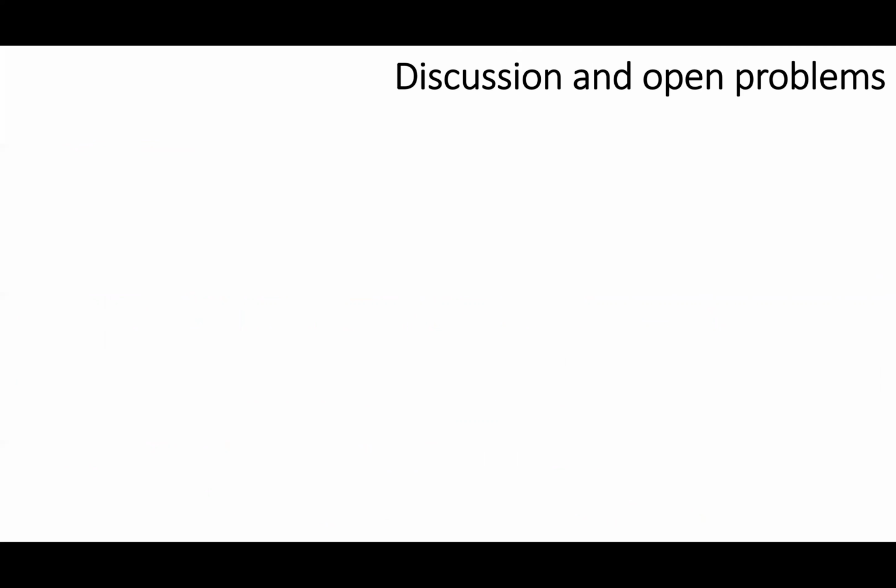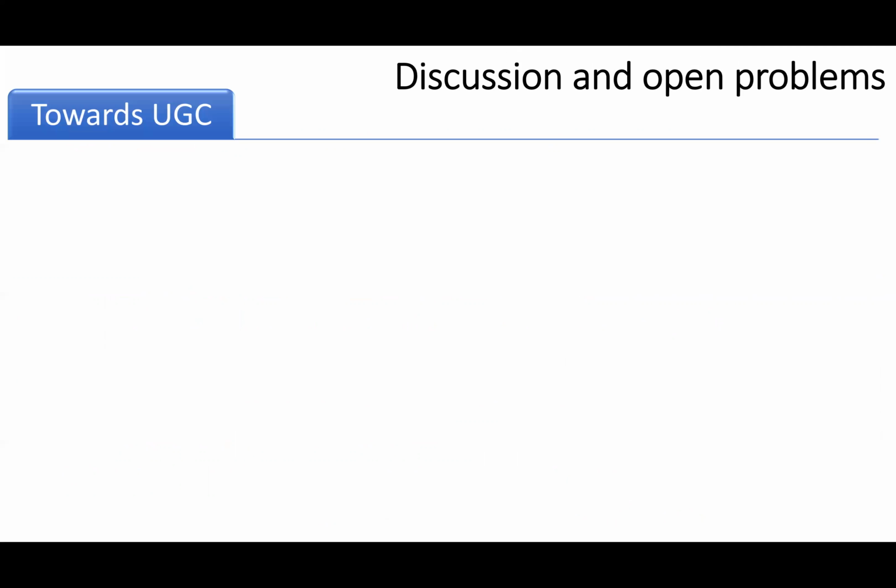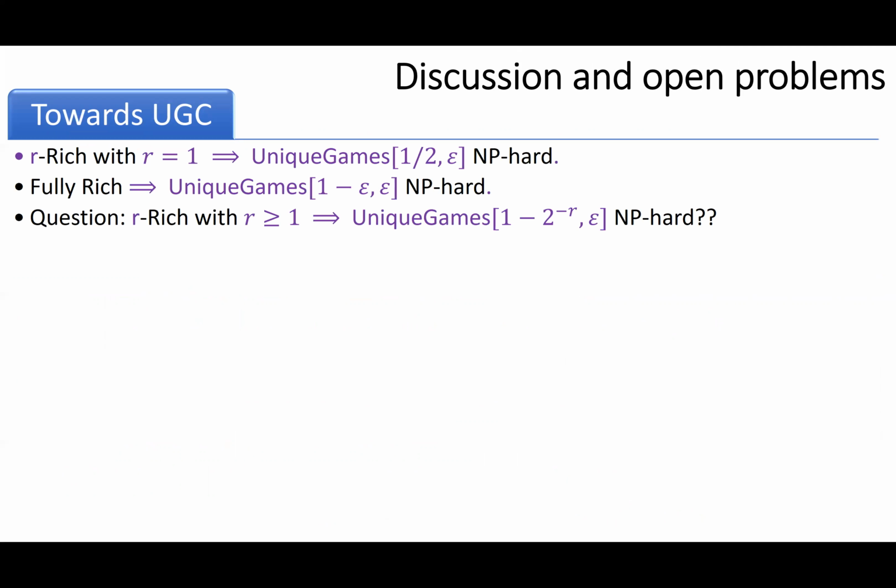Good. So let me finish the talk with some discussion and open problems. First of all, we look at the notion of R-rich 2-to-1 games. And though I didn't say that, if you look at R equals 1, this is exactly the same as the 2-to-1 games instances that we currently know are hard.